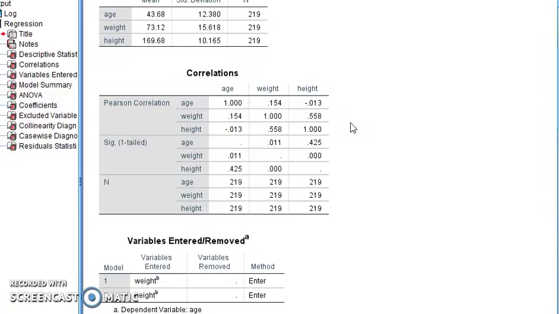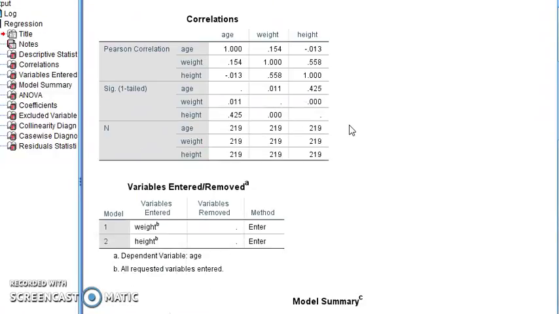We can see age and weight are correlated at 0.154 and age and height at negative 0.013. These are not strong correlations, which we already knew, but I'm using these as a demonstration of what we're looking for to not happen when we run linear regression.